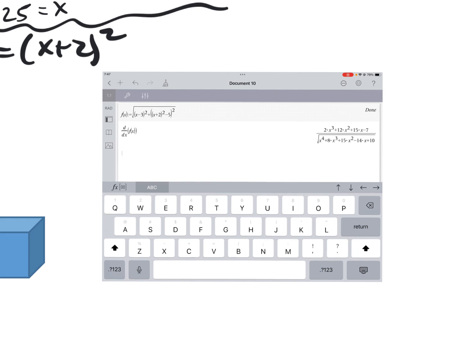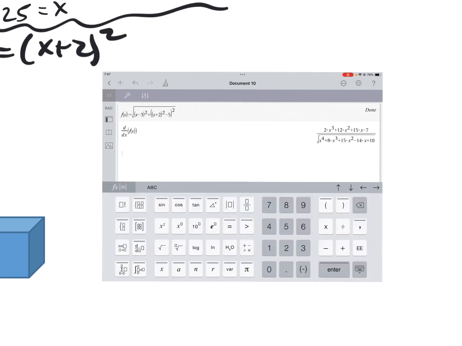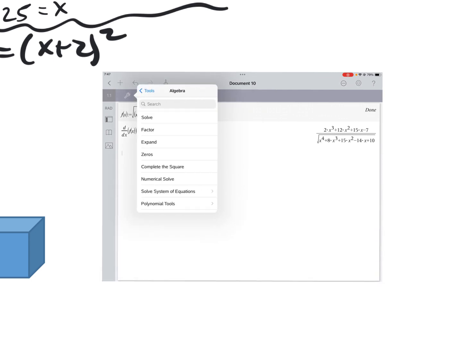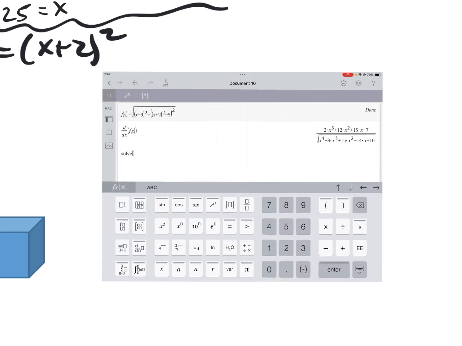So what we're going to do is we're going to say we want f prime to be equal to 0, and that's something that you'll need to write down on our test and in the AP test. So we're going to go ahead and solve that. So we'll go to our menu, algebra, and we'll go to solve. And what we want to solve is we want to set the derivative equal to 0.